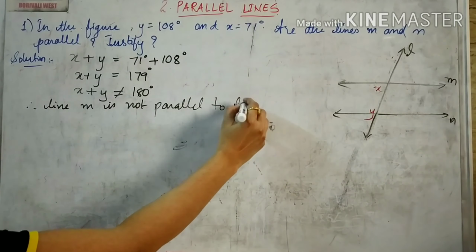The second pair, can I say angle A is congruent to angle C because they are the vertically opposite angles? So I'll say angle A is congruent to angle C. The reason will be vertically opposite angles. So if this is your equation 1, this is your number 2.